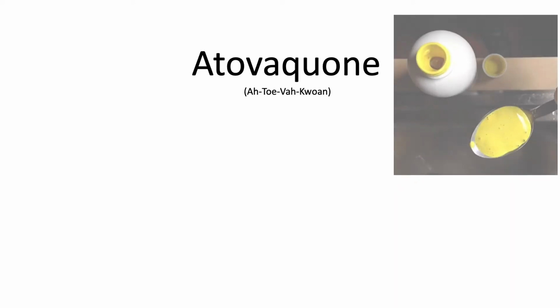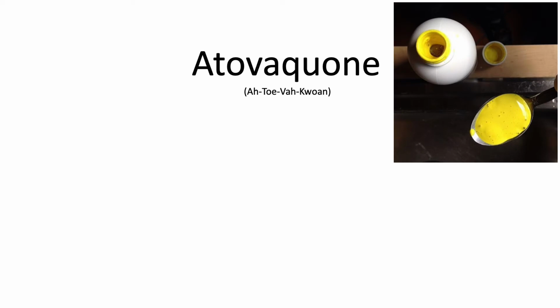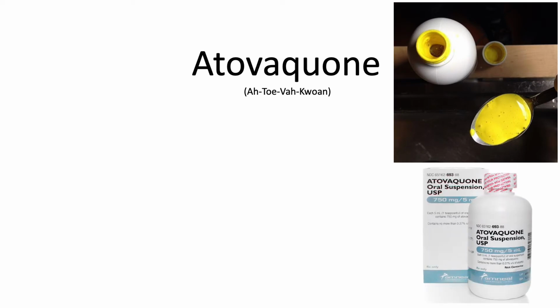Well, Atovaquone is a yellow paint-like liquid medicine that you can only obtain through a prescription, not over the counter. Some of you might be familiar with this med under a different name called Mepron.